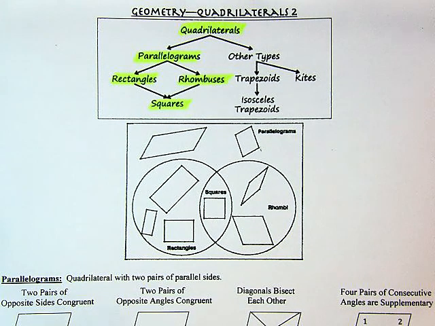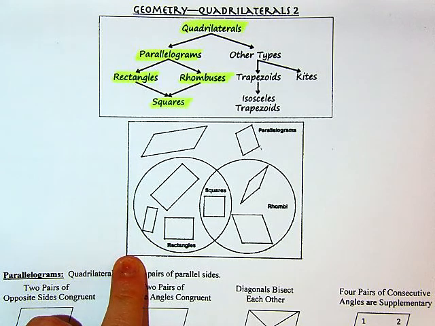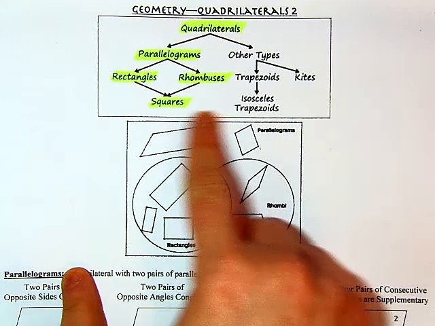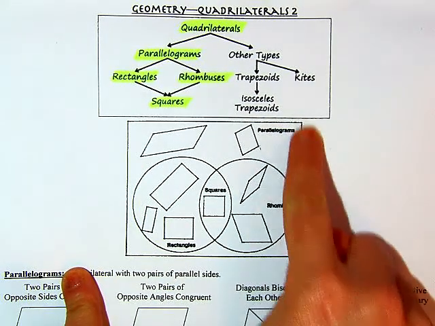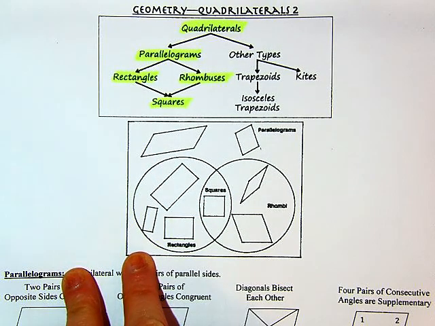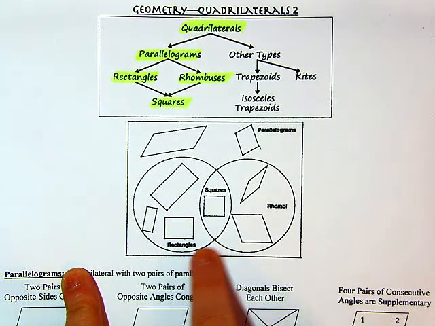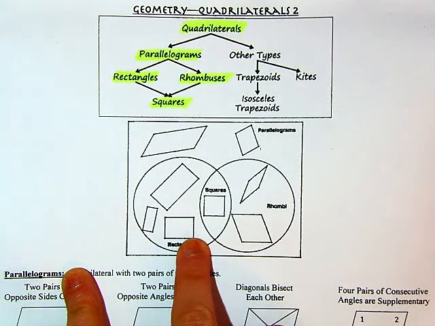So down below, I made you just a really good visual where we're looking at our broad category of parallelograms. So here, anything in this box is a parallelogram. Okay, and then we can see that inside we have our rectangle. A rectangle is a parallelogram.